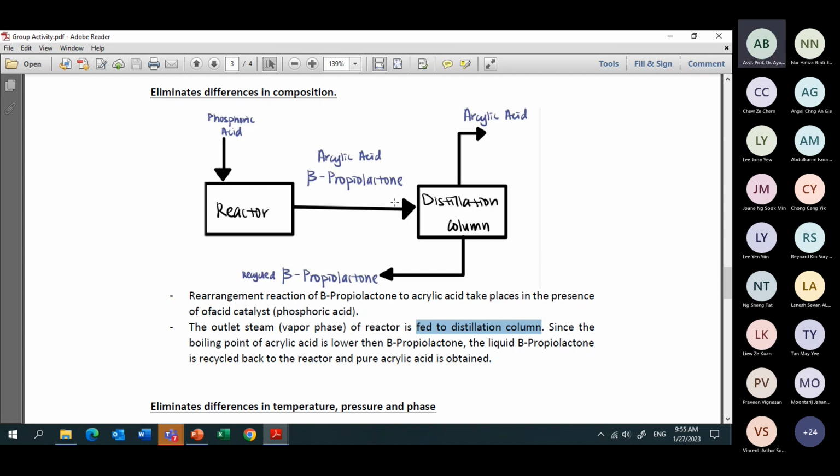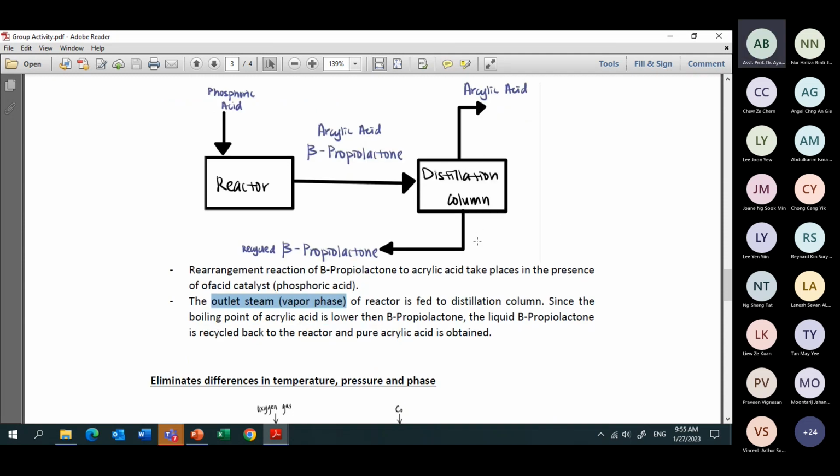You mean the input here is vapor? Is this statement correct? Vapor phase, yeah, from the journal. Okay. What type of distillation column? It didn't mention, it just mentioned distillation column. Okay.